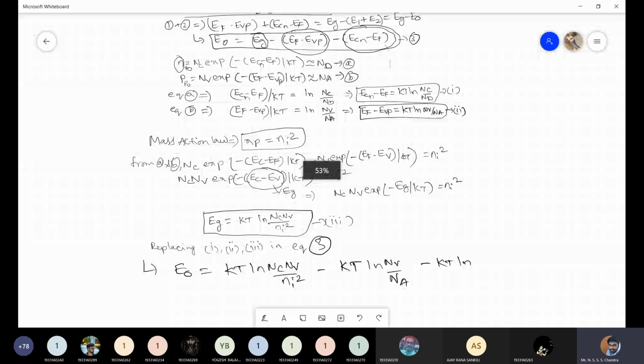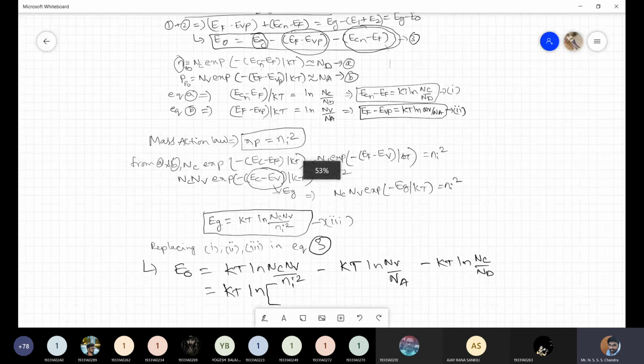Ecn minus Ef is kT log (Nc by Nd). Now I will be taking kT as common, and taking the logarithm is also common. You have log a minus log b, it is log a by b, right?